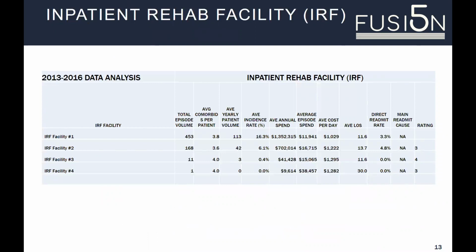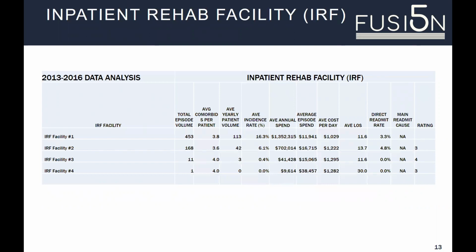Here you see a selection of 4 different inpatient rehab facilities with varying numbers of episodes, and you just look at it a different way. You can see a huge swing in the average episode spend, some swing in the average length of stay, and again, the direct readmit rate.